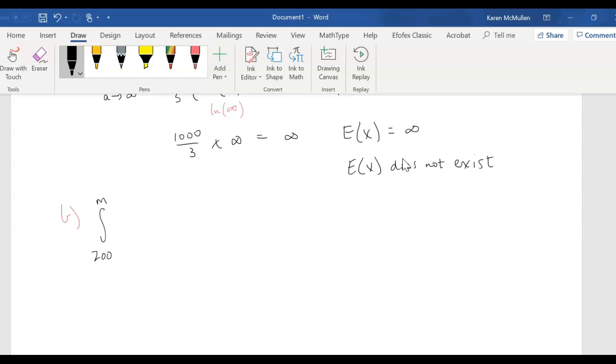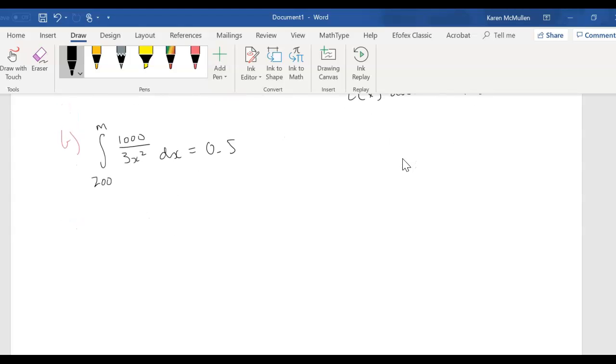And our function, sorry, I just had a mind blank, is 1000 on 3x squared dx. Because we're finding the median, we let that equal 0.5. You can easily do that on your calculator, or let's do it by hand.